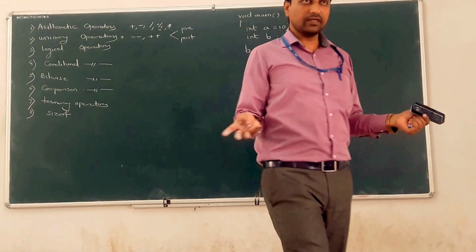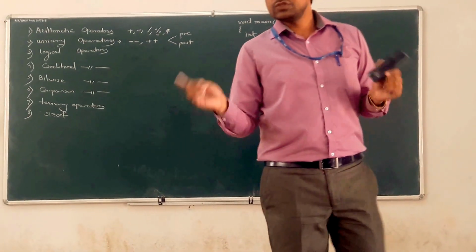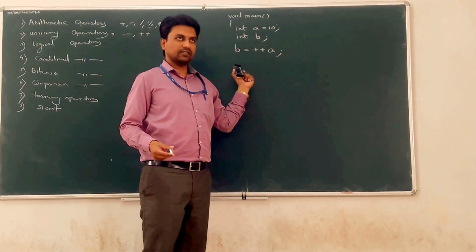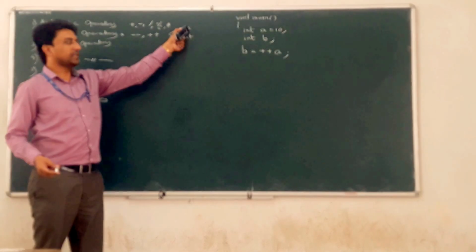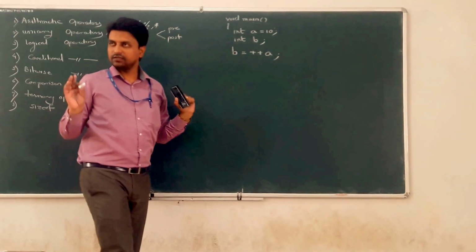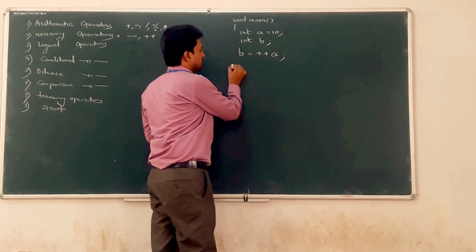Plus plus is a unary operator. You can write it before the operand or after the operand. If it is written right before the operand, then it is called the pre-increment unary operator.